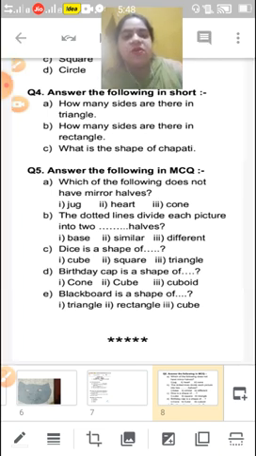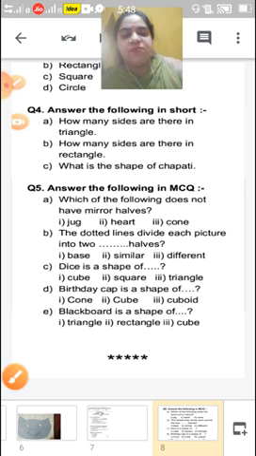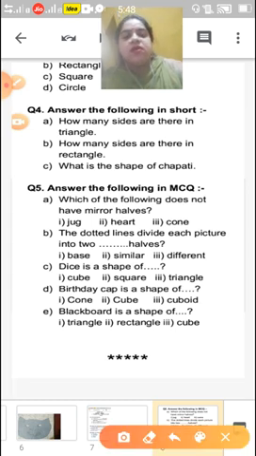Which of the following does not have a mirror half? Jug, heart, cone. So children, heart and cone we did, those have two similar mirror halves. So which does not have one, that is your jug.